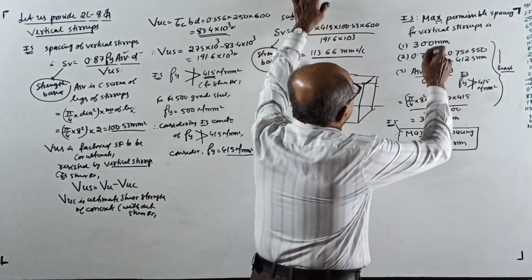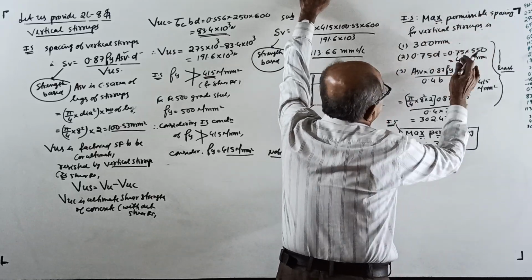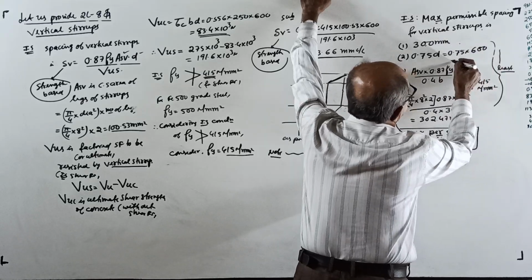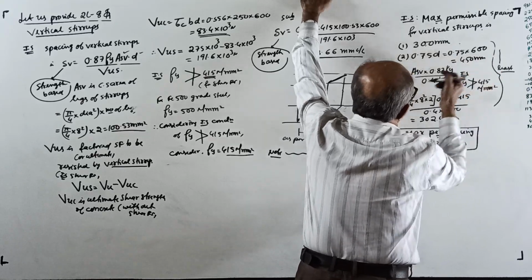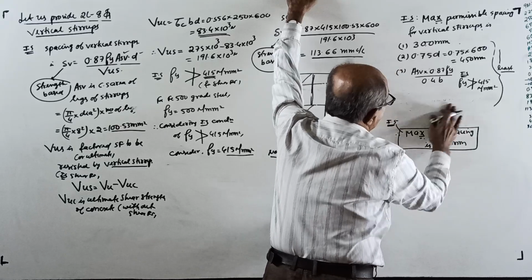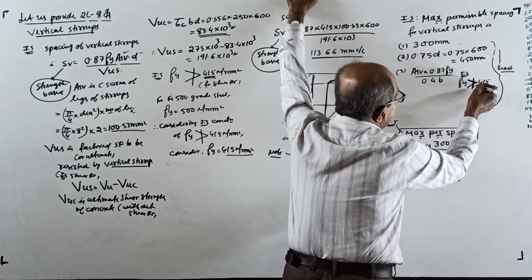So, as per IS code, the maximum permissible spacing for vertical stirrups is 300 millimeter; 0.75d, 0.75 into 600, is 450 millimeter. Last one, Asv fy by 0.4b. This time calculation is not required because Asv is known. Again IS code told fy is not to be taken more than 415.